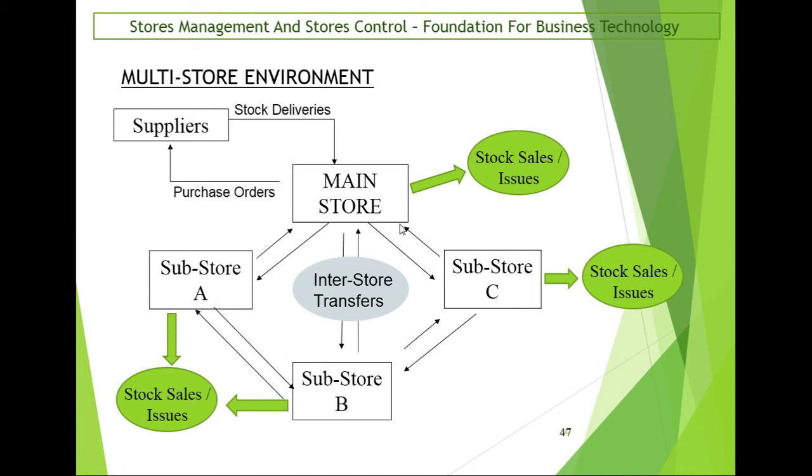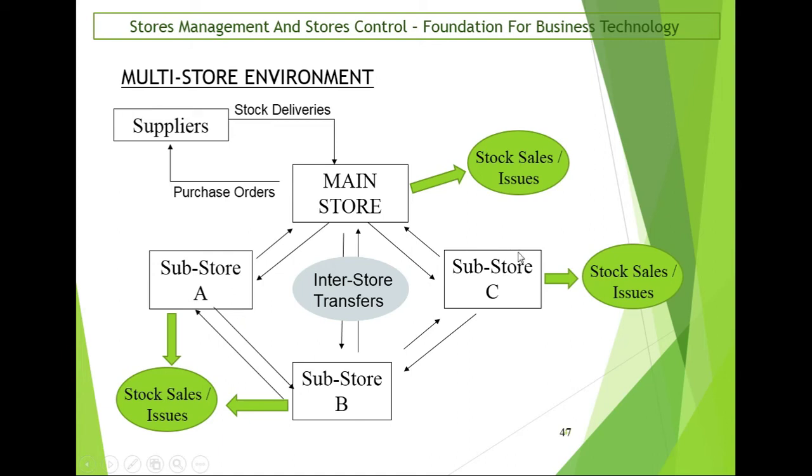So let's take, for example, a simple stock item. If we have brooms in our stores, this normal broom for sweeping, and we have 10 brooms overall in the company, main store could be having 3 or 4 brooms, then you've got 2 brooms at each of these stores.